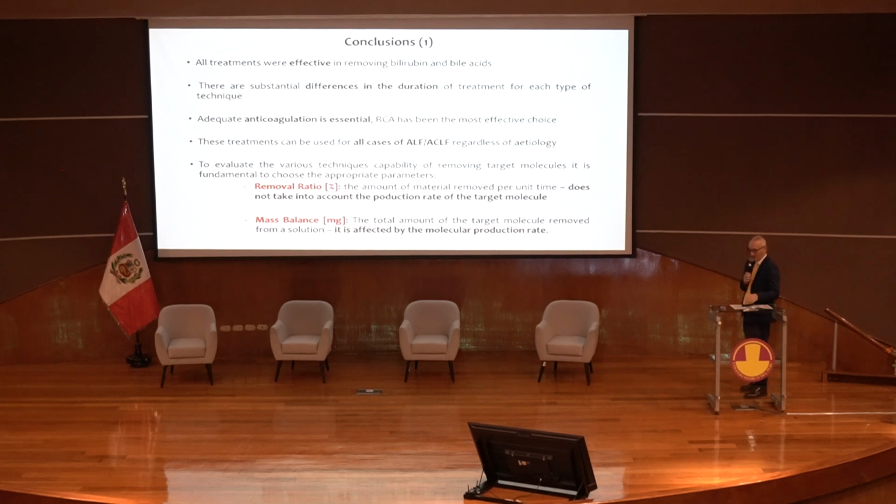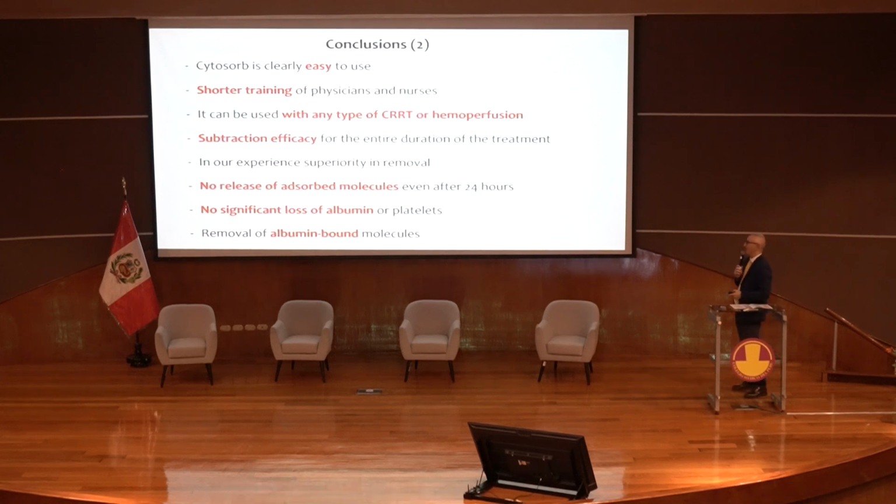We have to evaluate, of course, the efficacy by the mass balance. In particular, CytoSorb is very easy to use because you put it on your dialysis machine, so you need shorter training of physicians and nurses, of course. You can use it with any type of machine, even hemoperfusion with a blood pump.